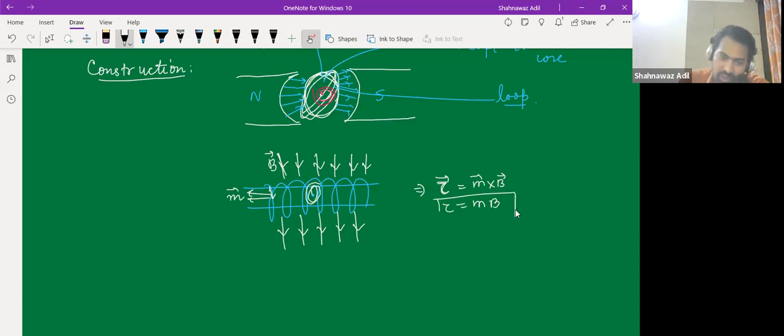Now you have this cylindrical soft iron core, and it is wrapped by some current carrying wire. So it has some loop, providing a magnetic moment in that direction, and the magnetic field is passing through this region. So it will rotate this cylinder, though you cannot see the rotation.